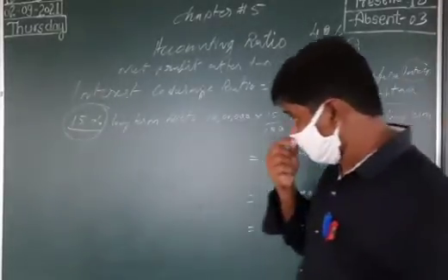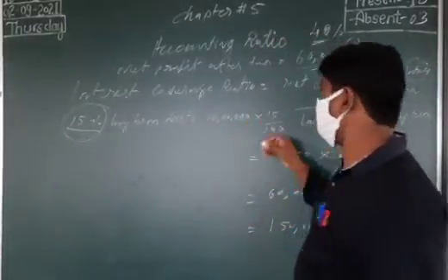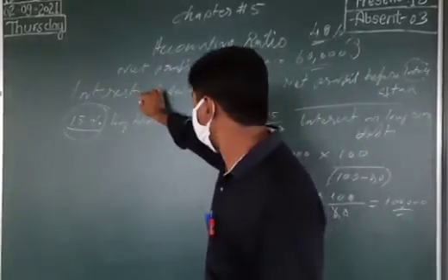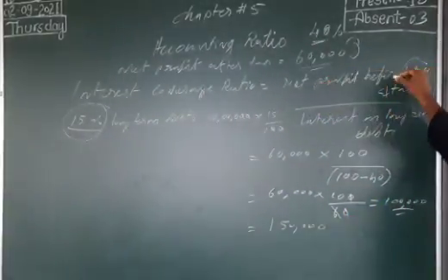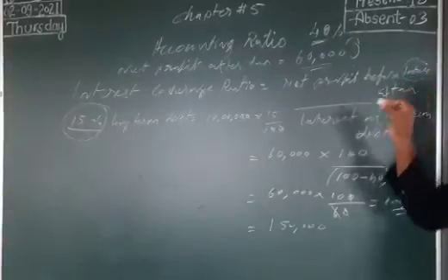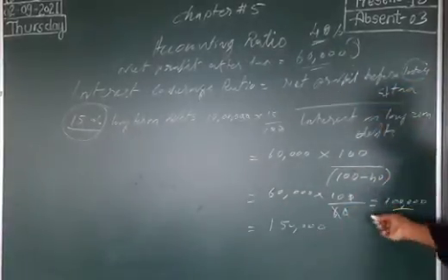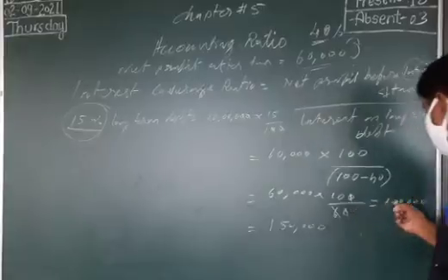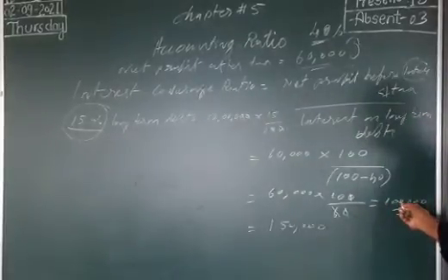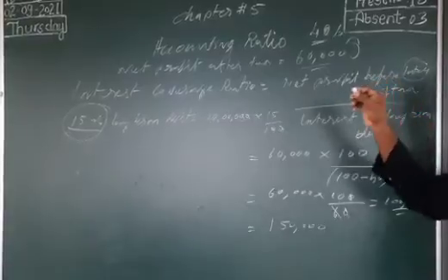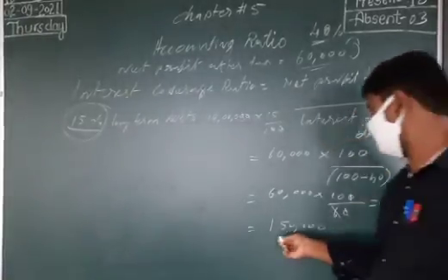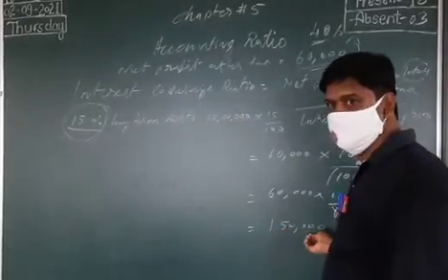To find the interest coverage ratio, we need to take the net profit before interest and tax. Before tax we found the profit was 1 lakh, and the interest is 1 lakh 50,000.